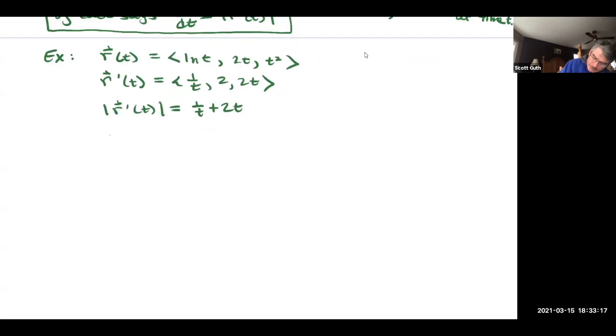And so s of t is the integral from, I think we went from 1 to 4, so we'll go 1 to t here, of the magnitude of r prime of tau d tau. So here, that would be the integral from 1 to t, and then we just put in 1 over tau plus 2 tau.